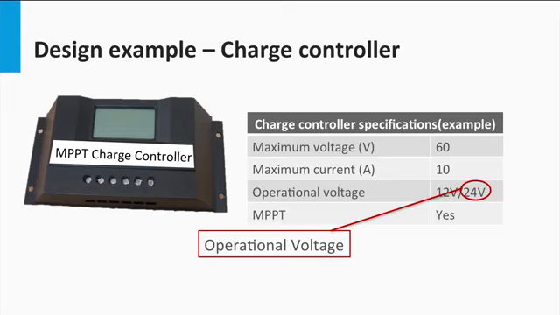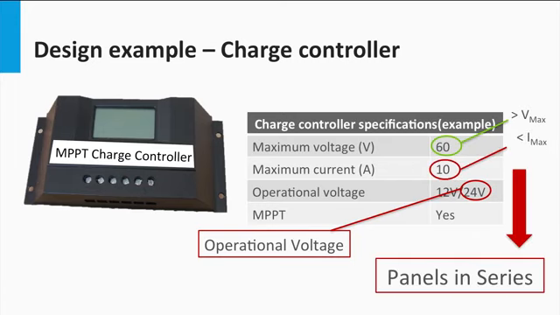This is not to be confused with the maximum voltage, which simply specifies the amount of maximum voltage as provided by the PV output that the charge controller can handle at the input. We see that the maximum allowable voltage is greater than the series limit of the two panels of 40 volts, while the maximum current doesn't support the parallel configuration current of 14 amps.